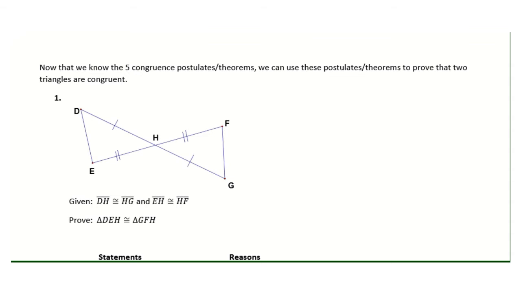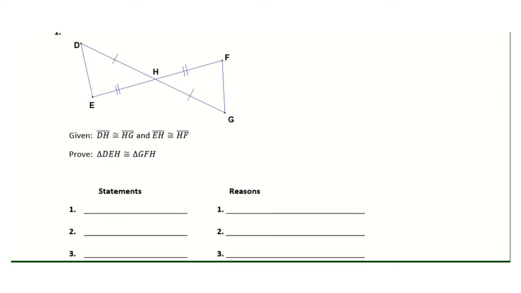So now that we know the 5 congruence postulates and theorems, we can use these postulates and theorems to prove that two triangles are congruent. In a geometric proof, you always begin with your given statements. So here they tell me that line segment DH is congruent to line segment HG.